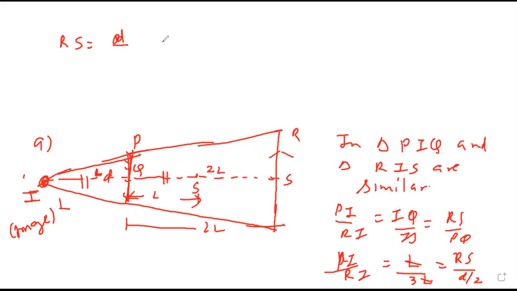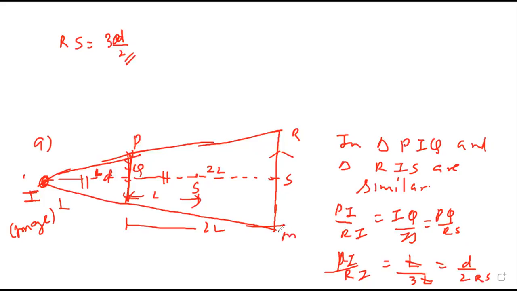So RS upon, oh, in this ratio I made a mistake. This should be PQ upon RS. PQ is D by 2, RS we have to find. Therefore RS is 3D upon 2.